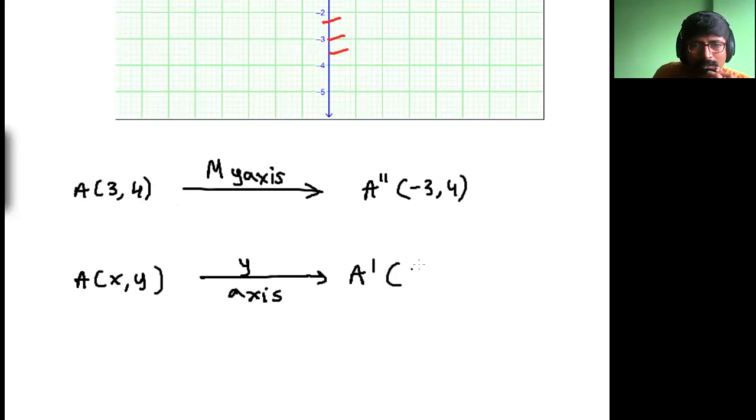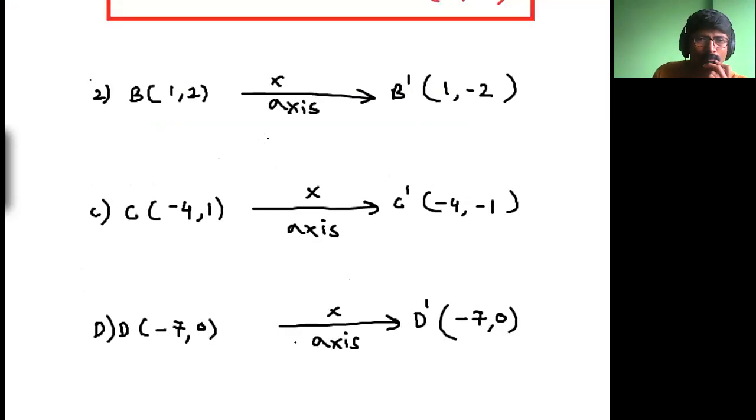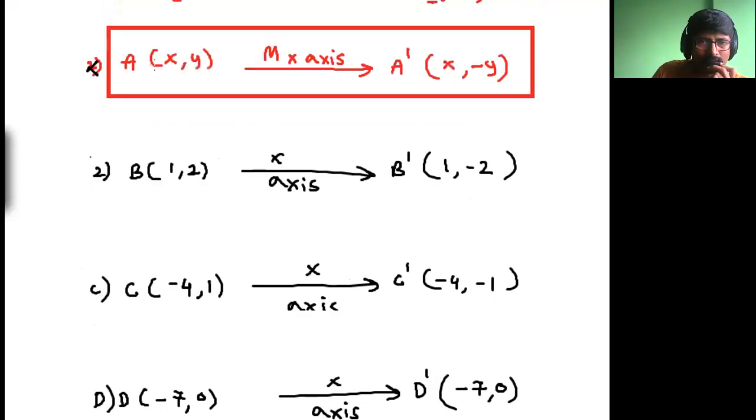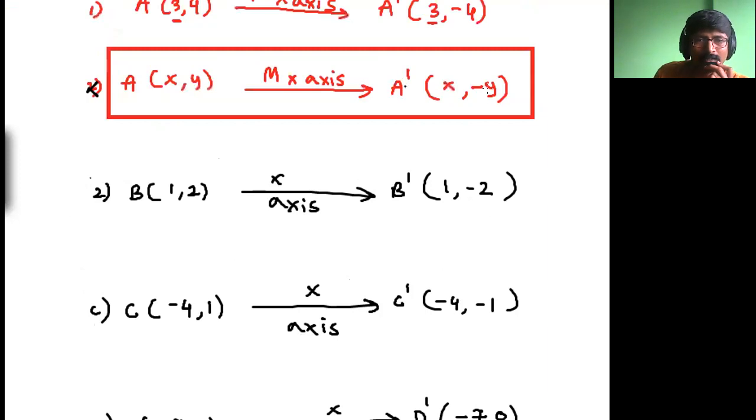So it will become negative x comma y. Are you getting it? That's really, really simple, guys. Whenever a point reflects under x-axis, x remains the same and y gets reversed. Isn't it? Y gets reversed.